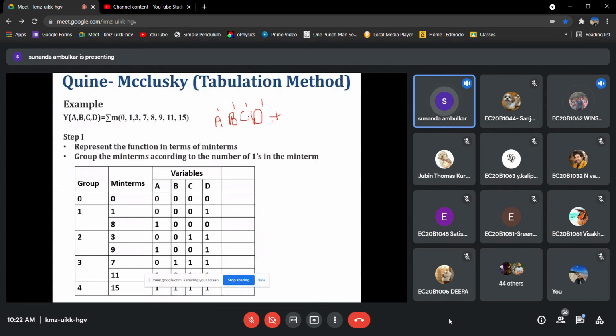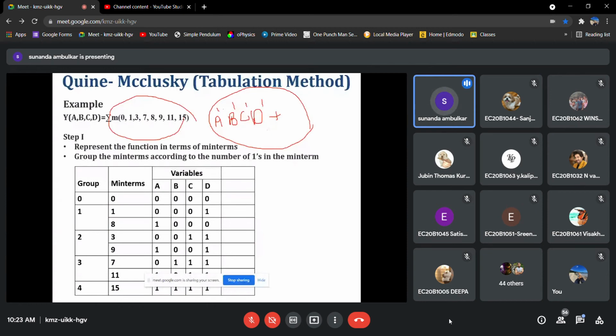So we can write it in that way or this way. Both are valid. In some questions they will provide you some expression, so you have to convert that Boolean function in terms of the min terms only. Then only you can apply this method.